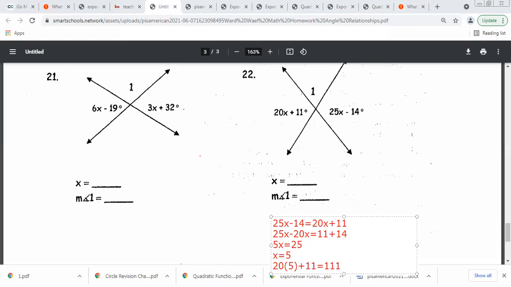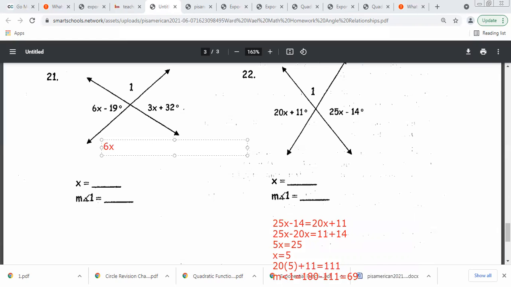This is for one of the two vertical angles. Then the measure of angle 1 will be equal to 180 minus 111. So the answer will be 69 degrees.